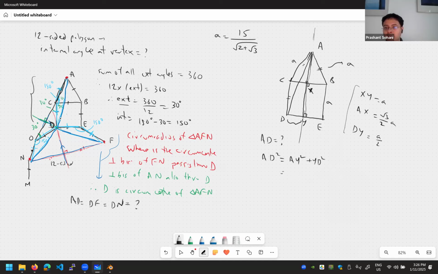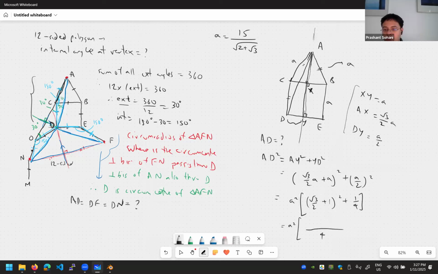Now everywhere I will substitute the values. AY is AX plus XY, and YD is half of A. So this is AD square. Firstly, I can take A square common from everything. Keeping A square outside, inside the bracket I will have root 3 by 2 plus 1, squared, plus half squared.